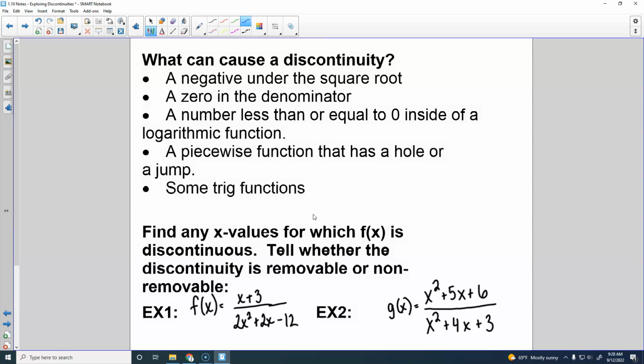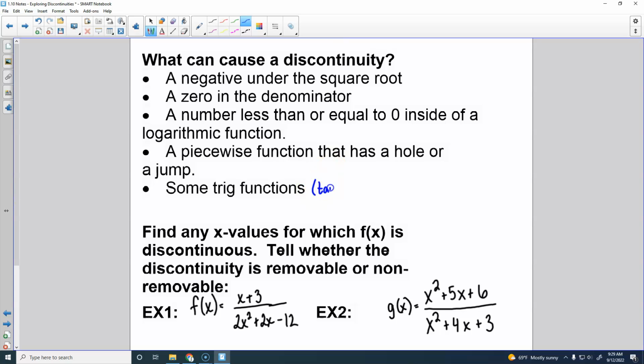That won't happen as often, but it does cause a discontinuity. One we'll see quite often as well is a piecewise function that has a hole or a jump.